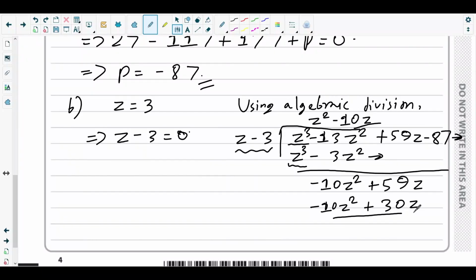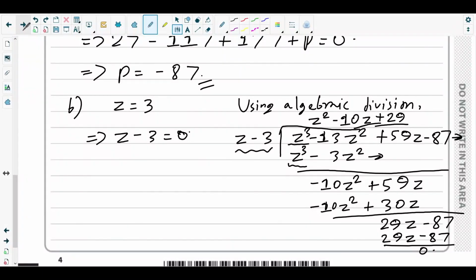The negative 10z squared cancels out, and 59z minus 30z gives 29z. Now take negative 87 down. To eliminate 29z, we multiply 29 with z minus 3, which gives 29z minus 87. So the remainder is 0.